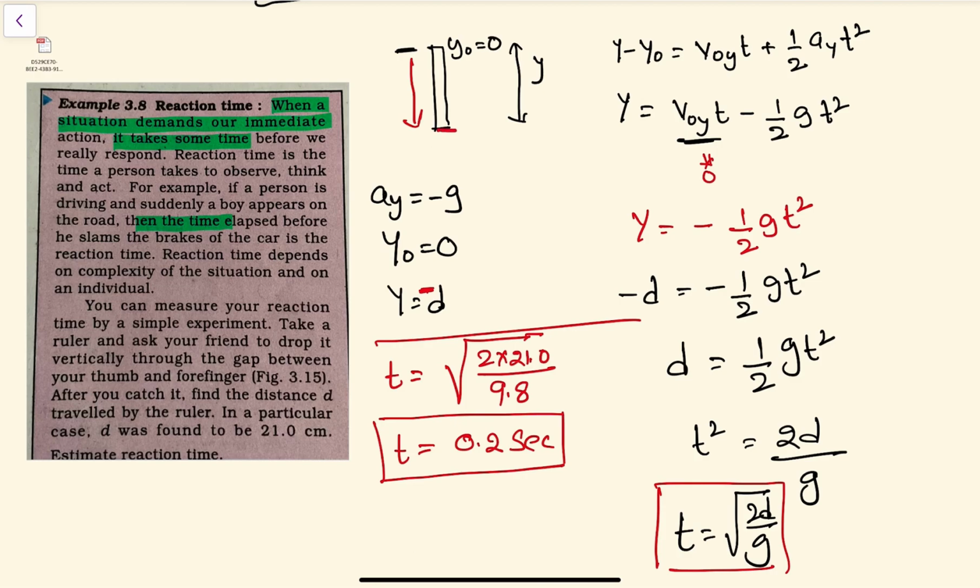You catch it here and it releases here. Your friend releases the ruler here and you catch it; the distance traversed in the negative y direction is 21 centimeters, which is given in the problem. Then we substituted here and we get 0.2 seconds as the answer. In the next class we will see relative velocity concepts and all that.